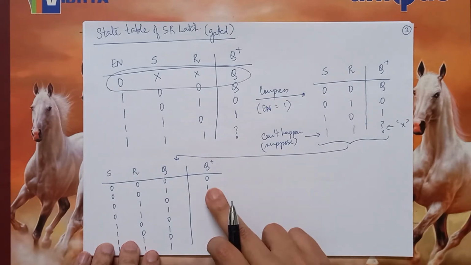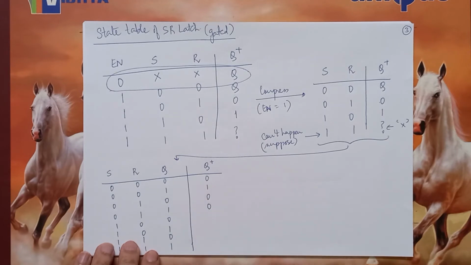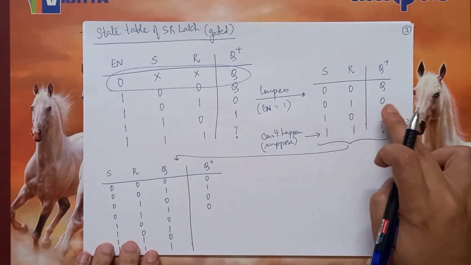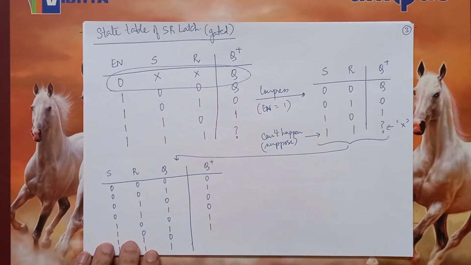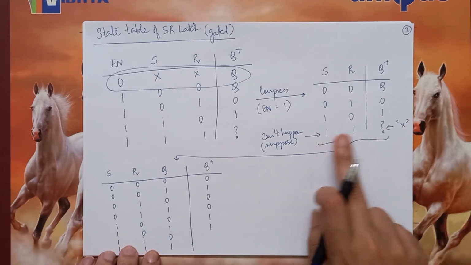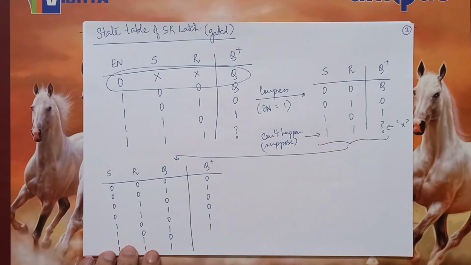So for these two rows, the Q plus will be 0. For 1, 0, Q plus is 1. So for these two rows, Q plus will be 1 and 1. And over here, for 1, 1, since we are treating it as a can't happen scenario, we will simply consider these two as don't cares.